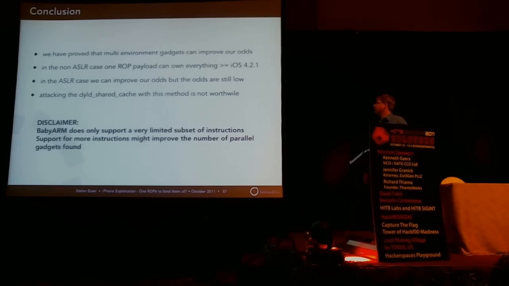We can have one raw payload that does it for 4.0 to 4.1. I didn't show that, but it's the same thing. We also can see that for the ASLR case, we can improve our odds, but the odds are still low. And doing this kind of attack for the dynamic shared cache, delta shared cache, is not really worthwhile.